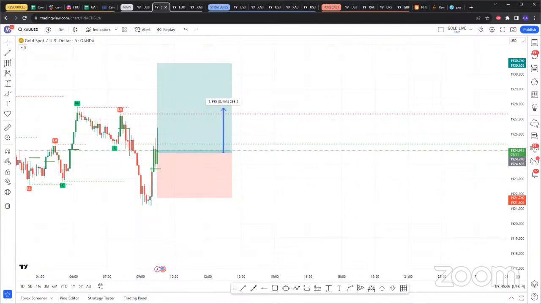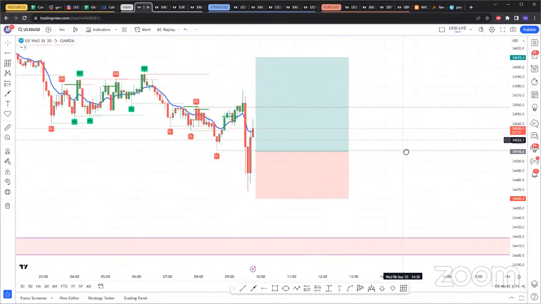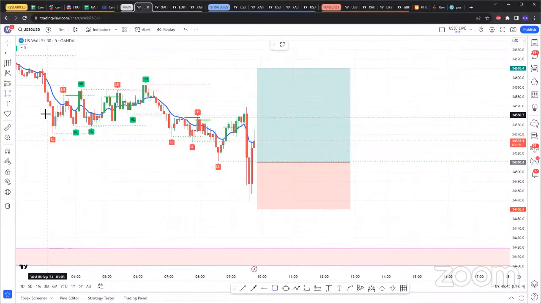And my charts have started to freeze, but the market is really pumping. Even for US 30, I think US 30 is pumping up as well. So looking at this, I think this is what?